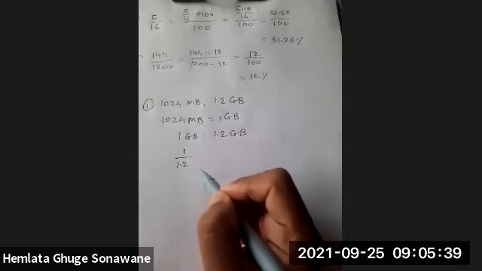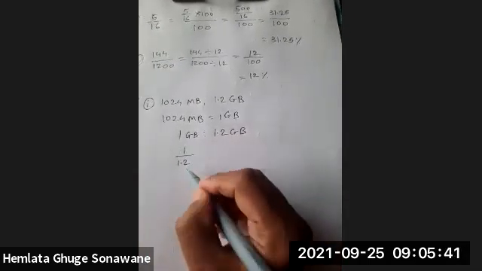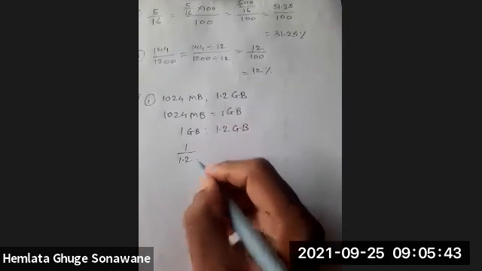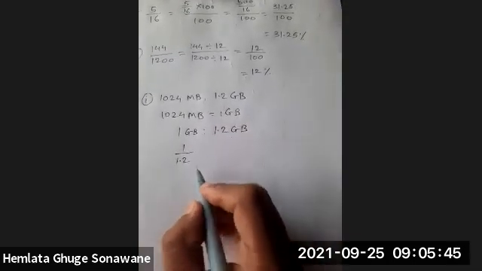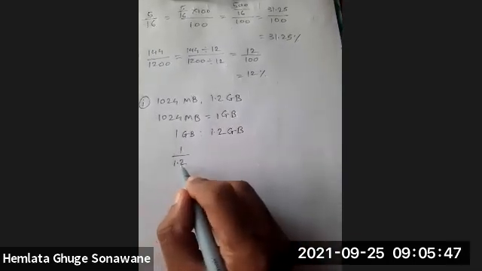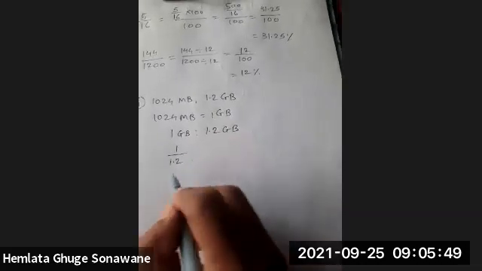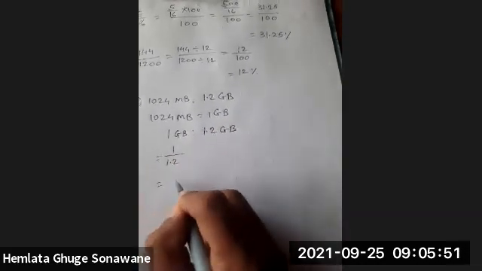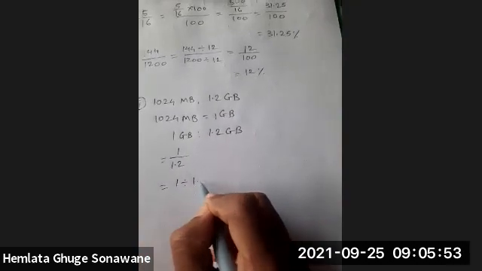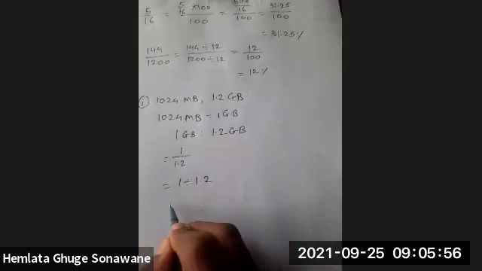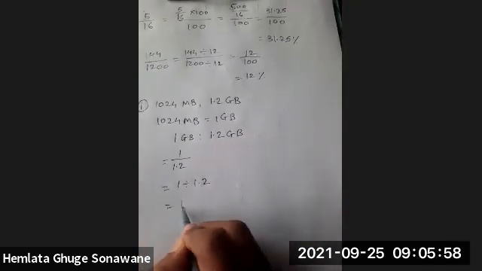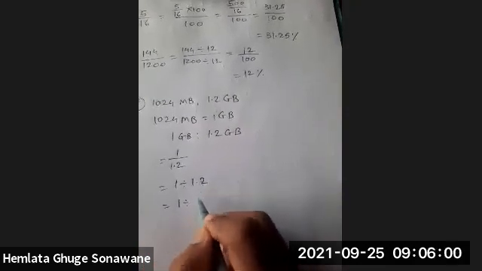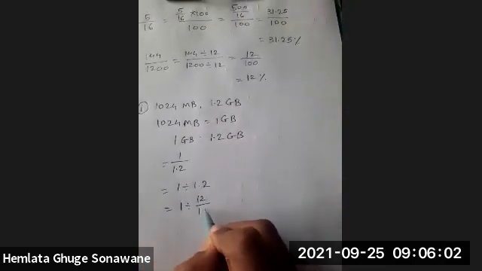This we can convert, we'll divide 1 by 1.2. We'll write 1.2 as 12 upon 10. So it becomes 1 divided by 12 upon 10.